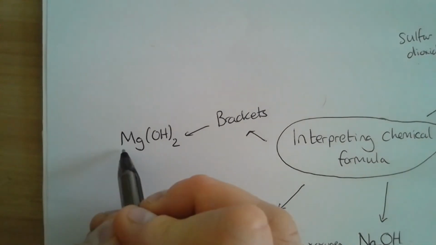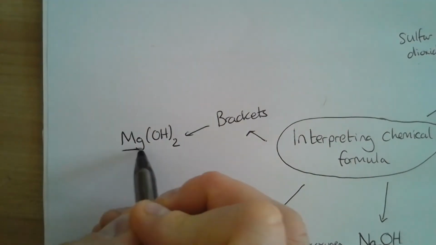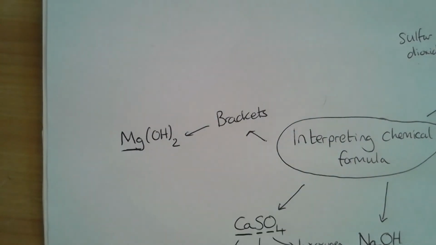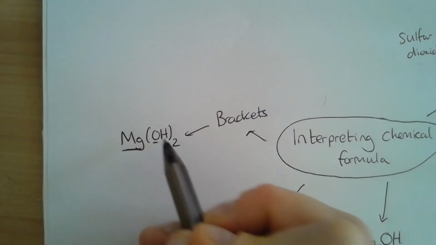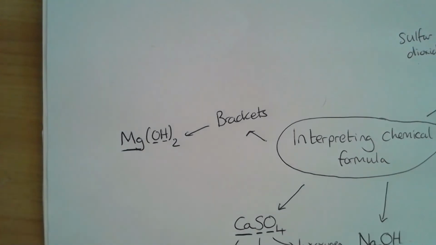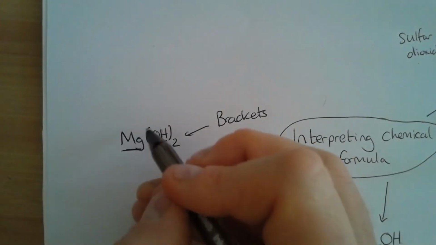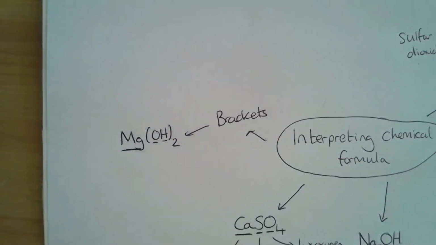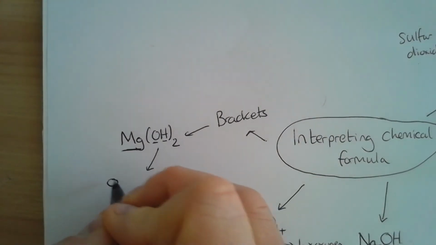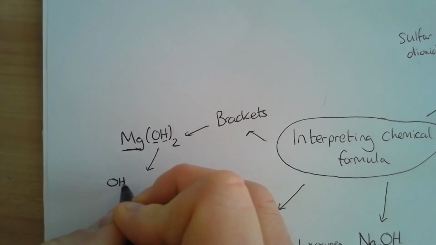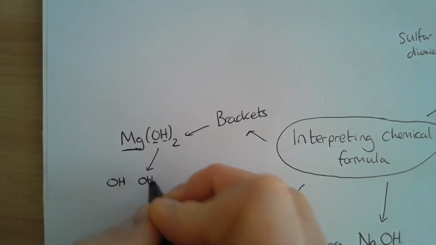First of all, we've got a nice straightforward one. We've got our magnesium atom here. But then we've got O and H, and that's an element on its own, and that's an element on its own. But they are in brackets, and there's a 2 immediately afterwards. So a way of thinking about this is actually to go, there are 2 OHs present.